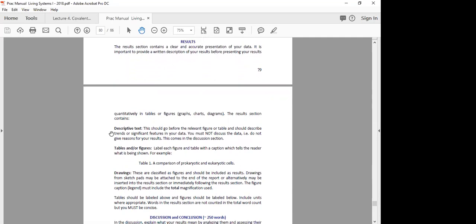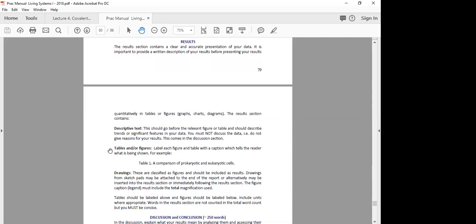So in other words, what were your main findings? State your main findings first and then present the evidence in the form of tables or figures or drawings and so on. Okay? Make sure you don't actually discuss the results, not in this section, not in the results section. Save that for your discussion. Just state what the results were, what were the findings.